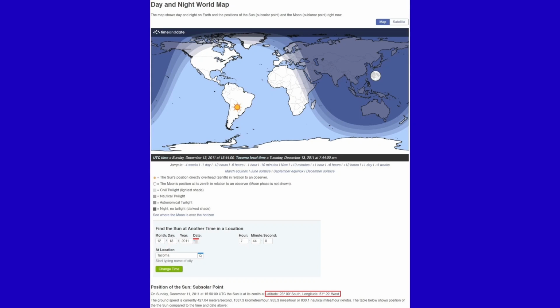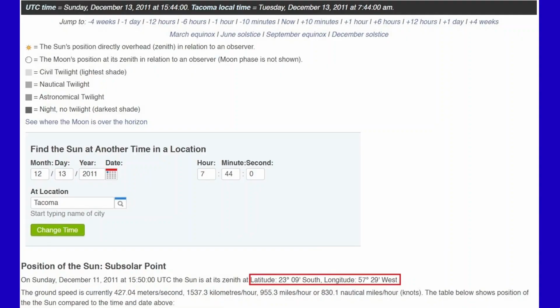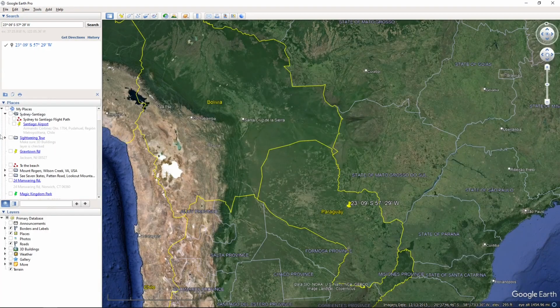One thing to note, if we go to dateandtime.org, is that the subsolar point, the point at which the sun is directly overhead, is at 23 degrees 9 minutes south latitude and 57 degrees 29 minutes west longitude. As you can see, that location is in Paraguay. This is the point that the sun is directly overhead.